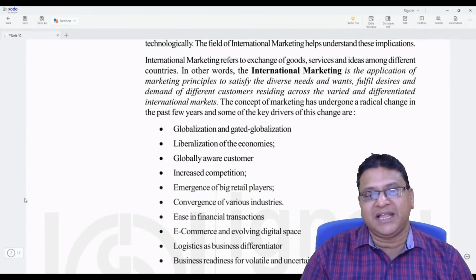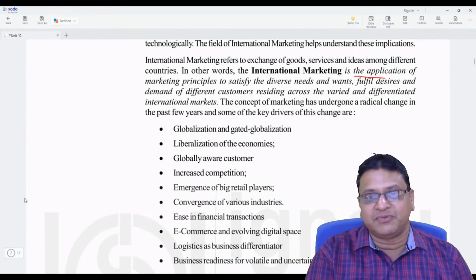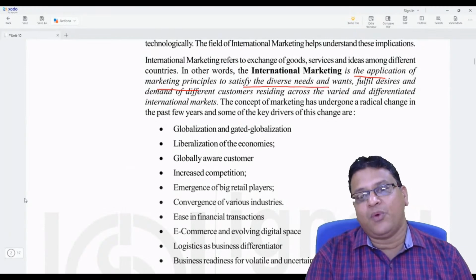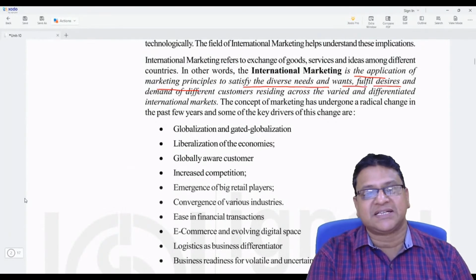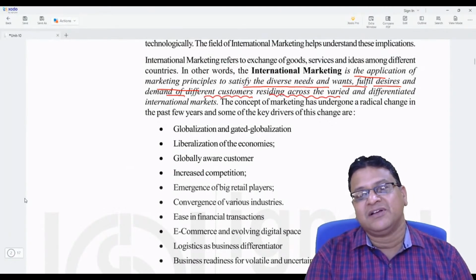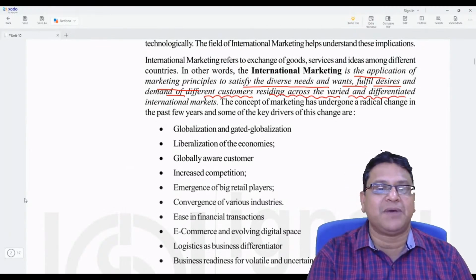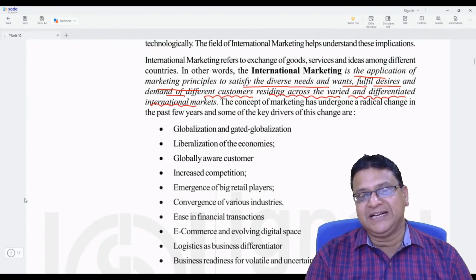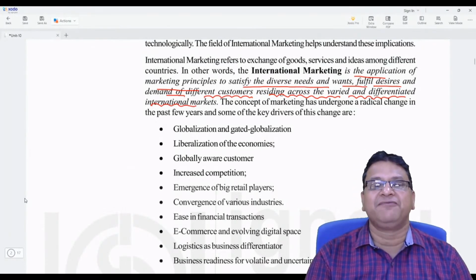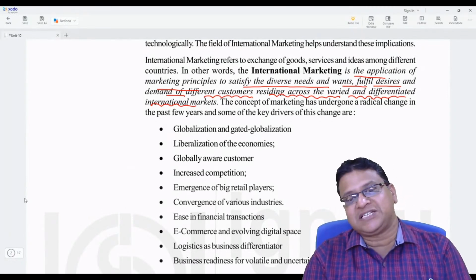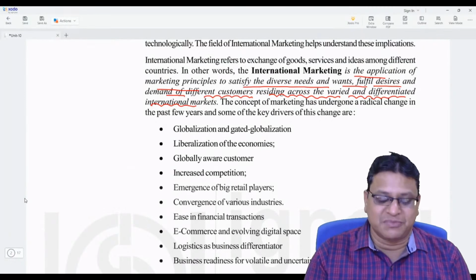So international marketing is the application of marketing principles to satisfy the needs, wants, and desires and demand of different customers residing across varied and differential international markets. So it's about satisfying the needs of customers who reside in different countries. That is international marketing. It's the application of the same marketing principles to satisfy the needs of overseas customers.